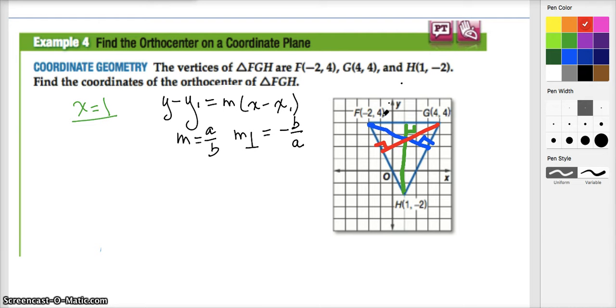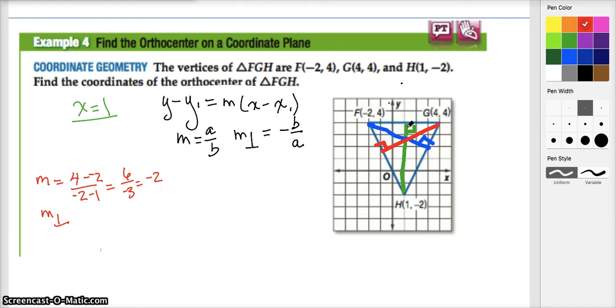So I know that the equation of this line will be perpendicular to this line by definition of altitude. So what I'm going to do is find the slope of this line, change in y over change in x. So for the red equation, I first find the slope of this segment. So I get 4 minus negative 2 over negative 2 minus 1, which gives me 6 over negative 3, which gives me a slope of negative 2.